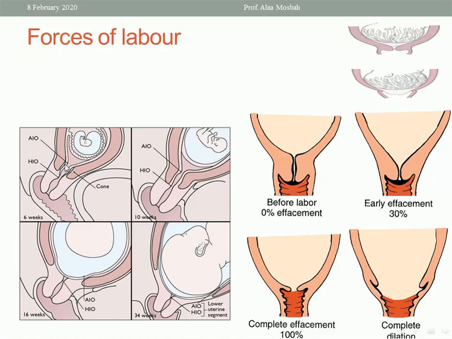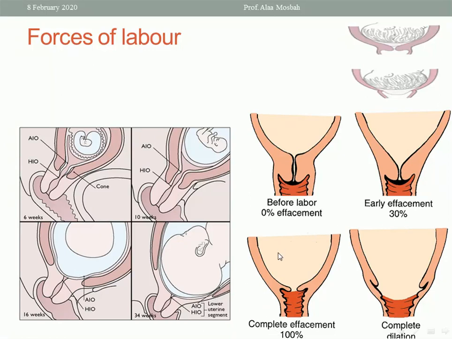And this isthmus forms the lower uterine segment during pregnancy. It is 1 centimeter at the start, then late in pregnancy increases till it reaches 10 centimeters. This area is the lower uterine segment.